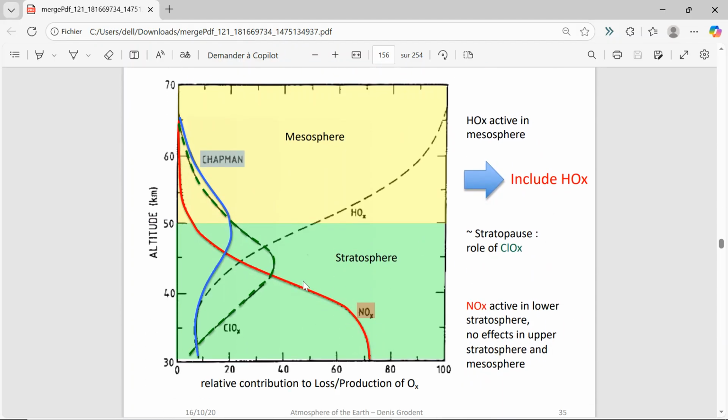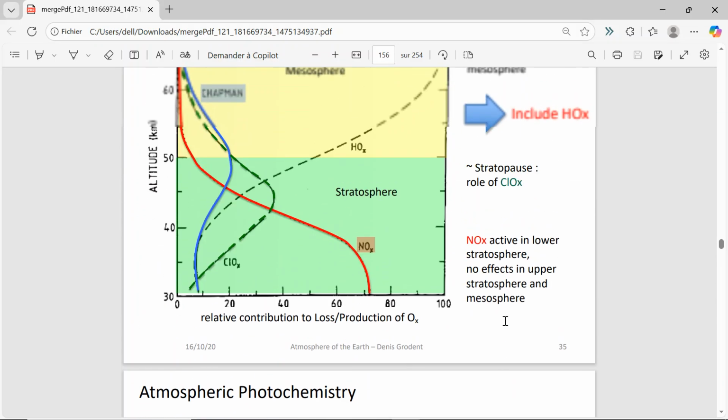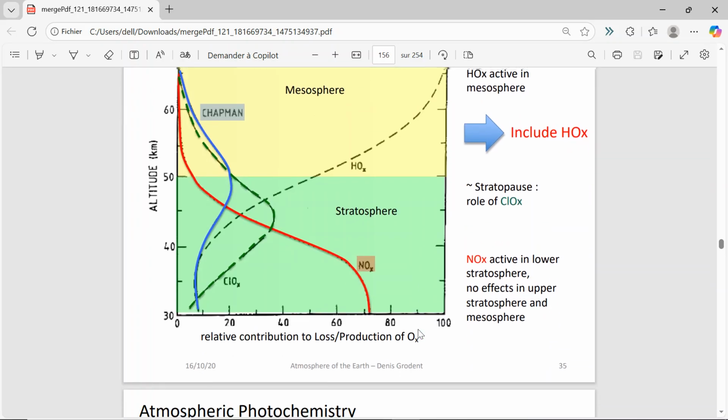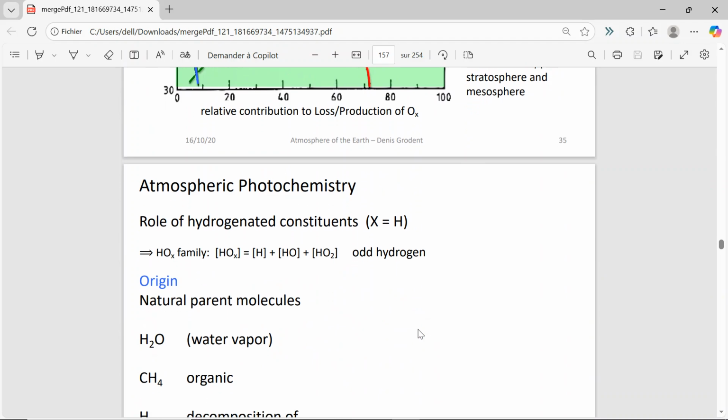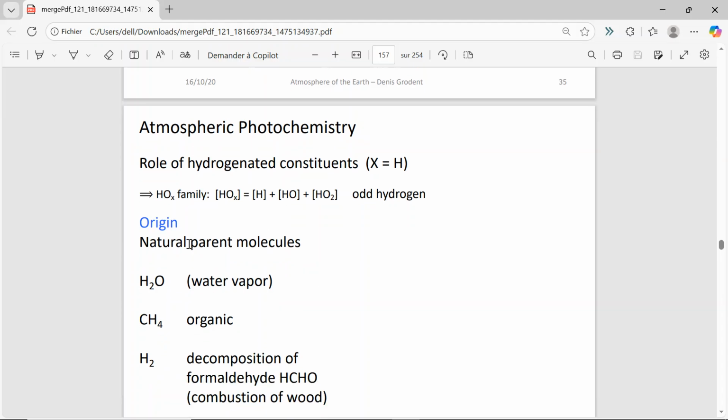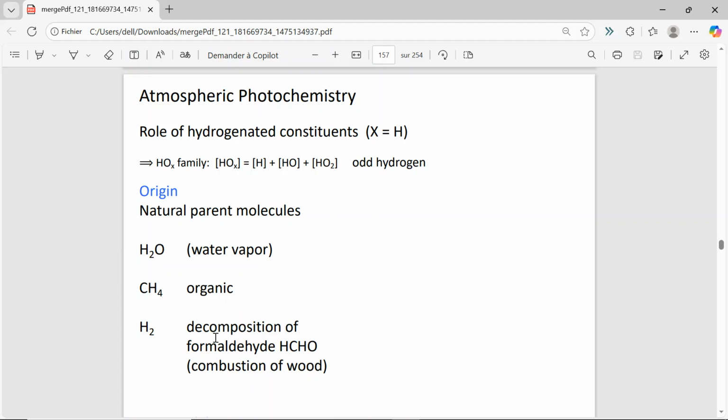All right, we already included NOx. We introduced ClOx. Now we have to include the HOx family, HOx that have an effect in the mesosphere. Atmospheric photochemistry: role of hydrogenated constituents. Origins come from natural parent molecules like H2O and methane, and the decomposition of the wood.